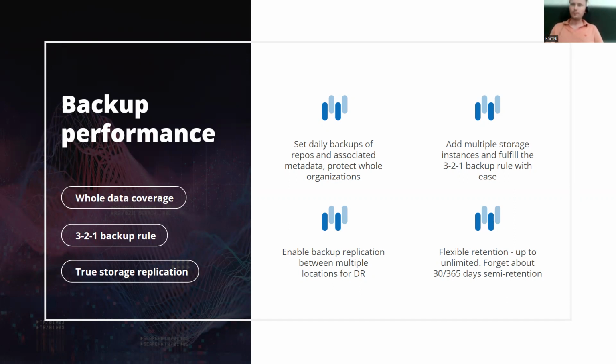How to achieve that? The easiest way from our perspective is to set up storage replication. For example, you can make a single backup copy per day or per hour, it's up to you. Then the copies will be replicated from one storage to another.